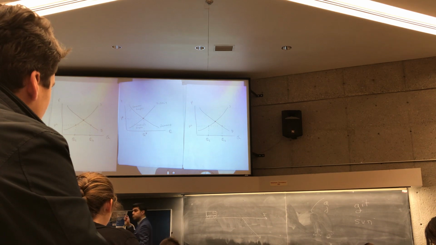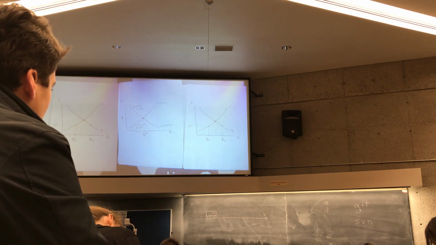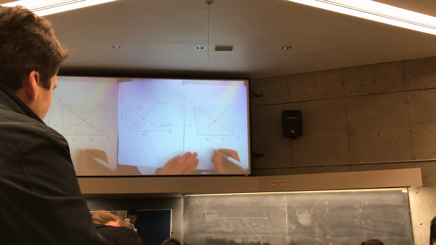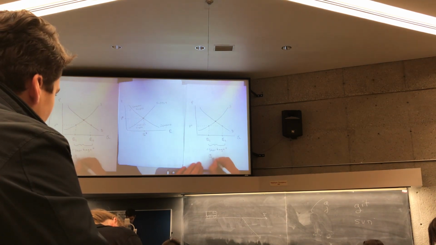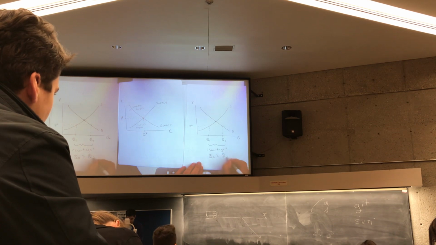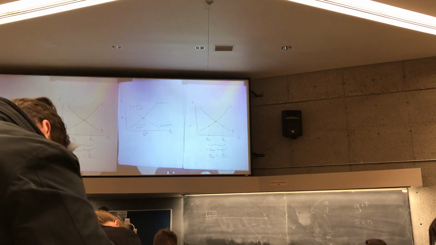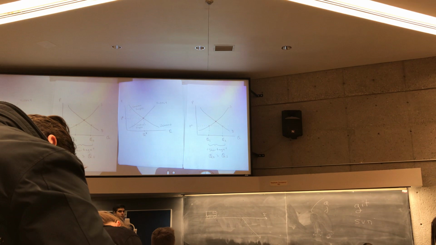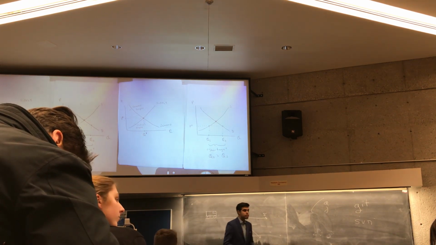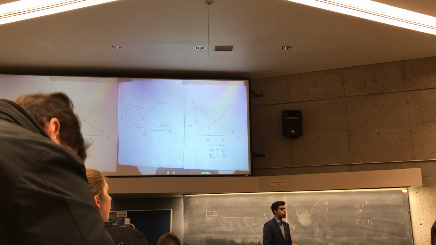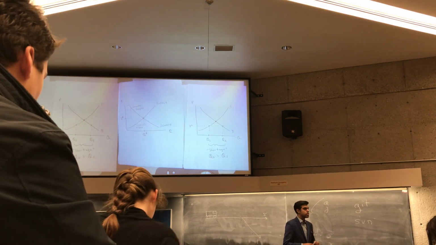The quantity demanded is greater than the quantity supplied. We call this a shortage, when QD is greater than QS. When the price is too low, so that the quantity demanded is greater than the quantity supplied, that is a shortage.